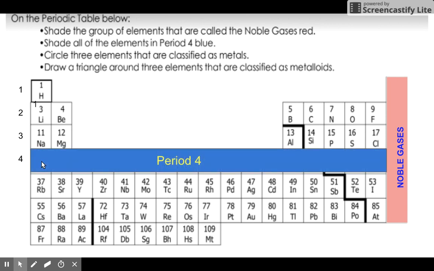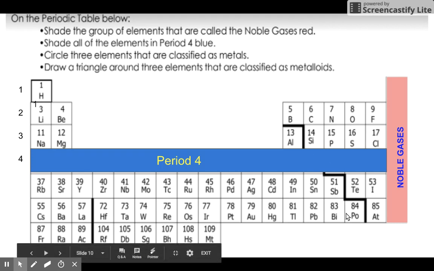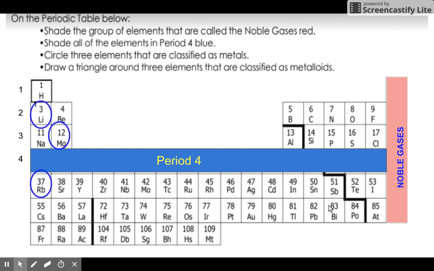The next thing it tells me is to circle 3 elements that are classified as metals. Anything on the left side of this zigzag line is considered to be metals. So I just circled 3 elements. All of these elements on the left side of the periodic table are metals, except hydrogen.